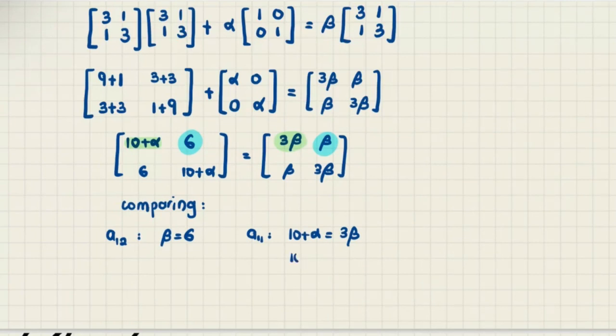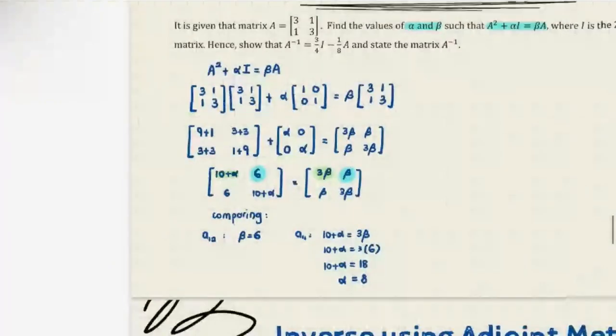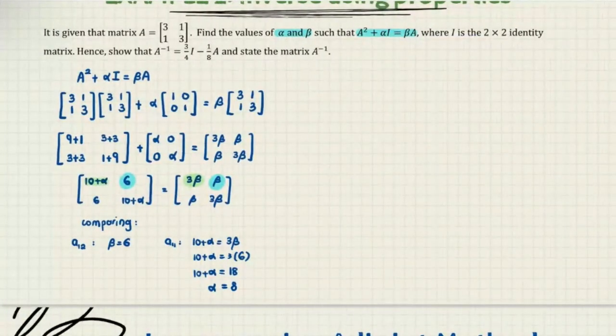So 10 tambah alpha equals to 3 darabkan dengan 6. 3 darab 6 apa? 18. So 10 tambah alpha adalah 18. So that means alpha adalah 18 tolak 10 dapat 8. Okay, so this will be the value of our alpha dan juga beta. Okay, now let me rewrite. So I get A squared plus 8I equals to 6A. Okay, so ini adalah result yang kita dapat lah based on our alpha and beta.